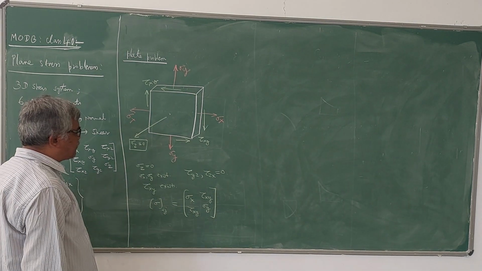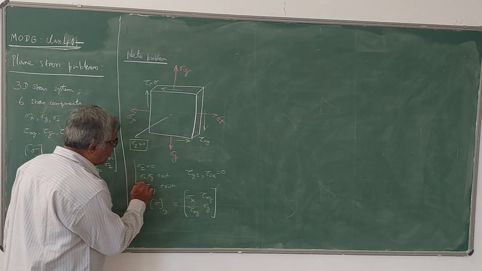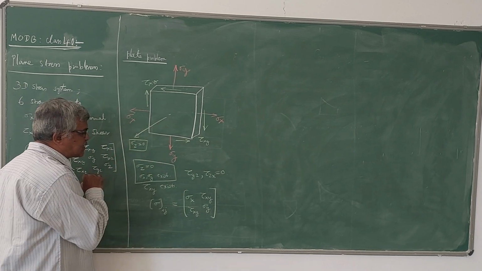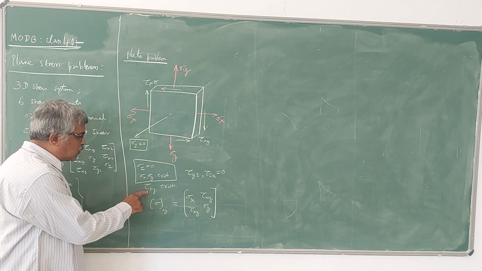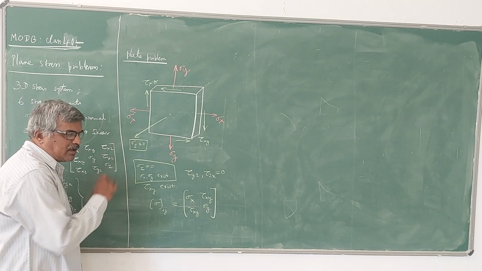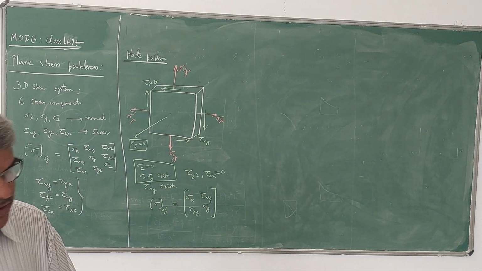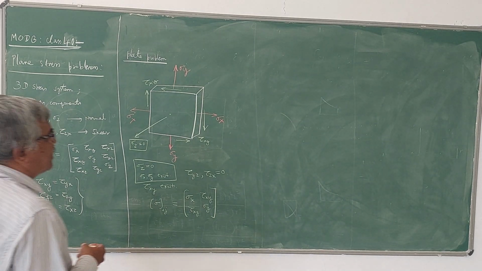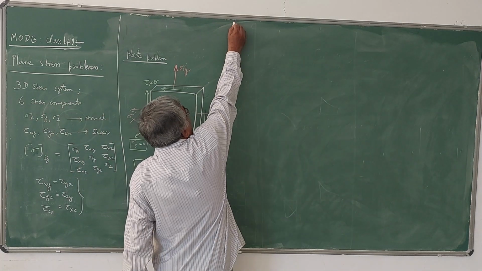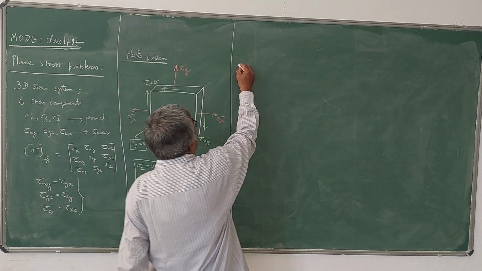In a plane stress problem, only sigma x and sigma y exist, only tau xy exists, but sigma z will be 0. This condition we can apply by using generalized Hooke's law.